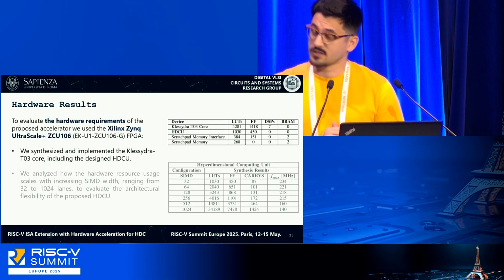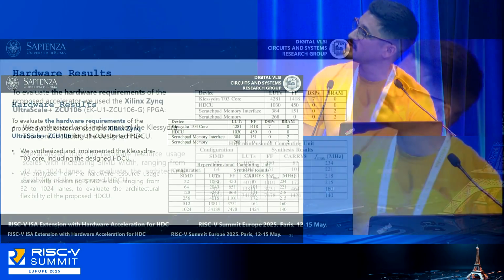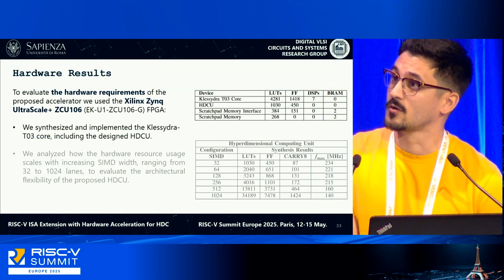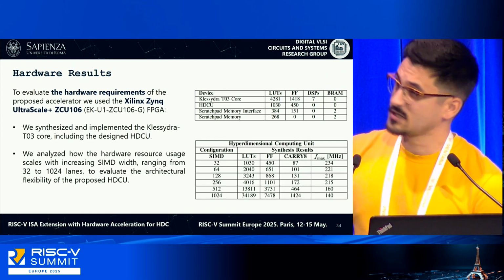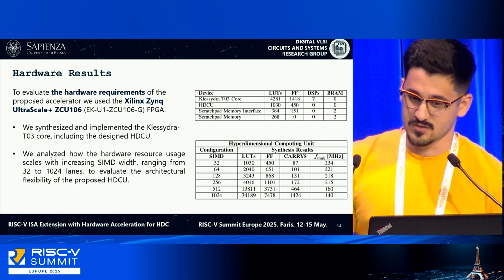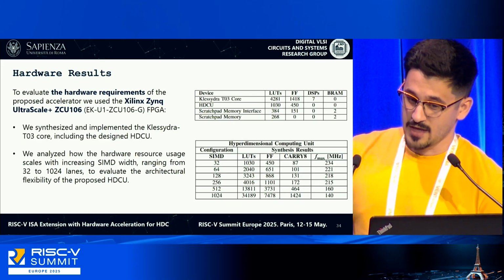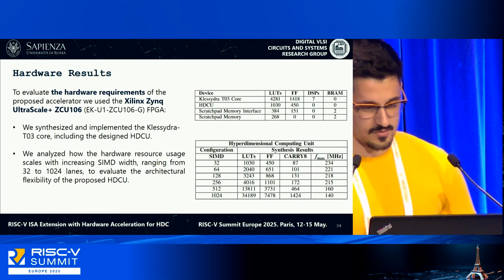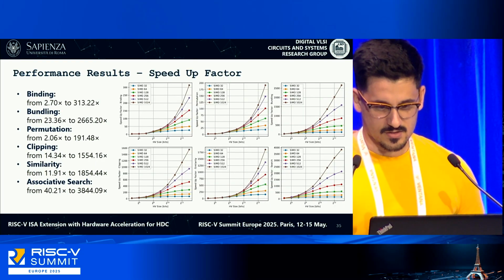The core requires circa 4,000 lookup tables, meanwhile the HDCU only 1,000 in the minimal configuration, with lower hardware parallelism. In the bottom table, we also evaluate how the hardware resource usage scales with the increasing SIMD value, and this allows us to trade off between execution time and resource usage. Now, let's look at some performance results.